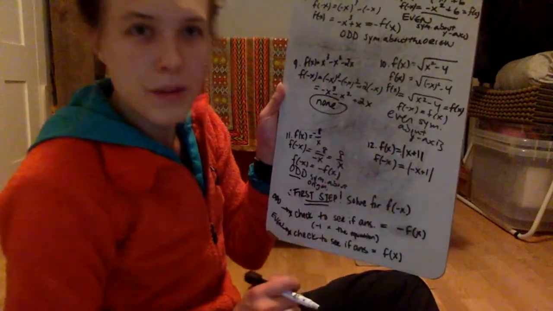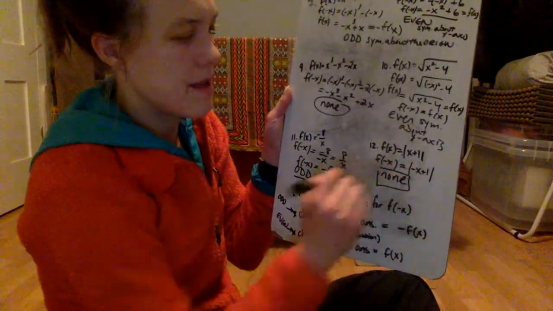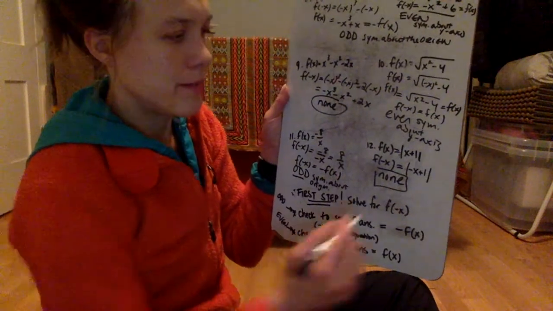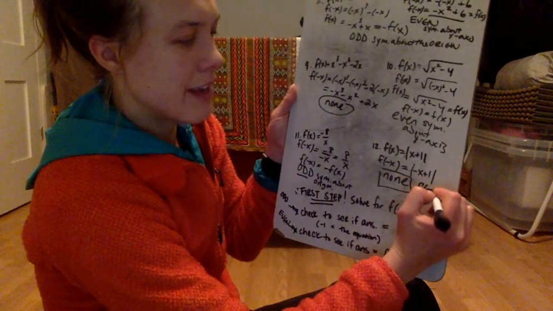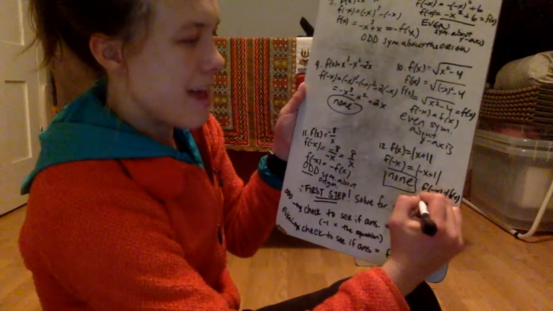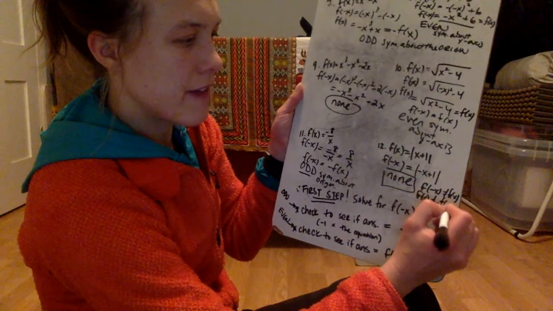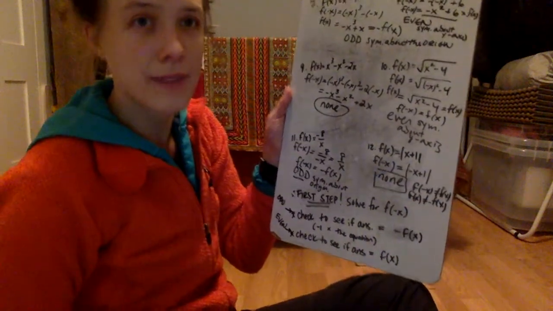This does not equal this times negative 1. So this is going to be none, because f of negative x does not equal f of x, and f of negative x does not equal negative f of x. So it's none. It's neither.